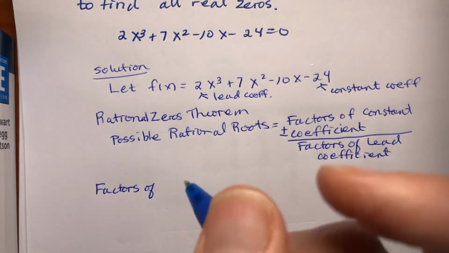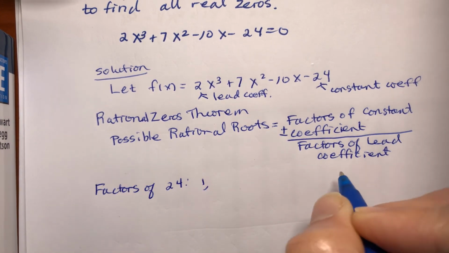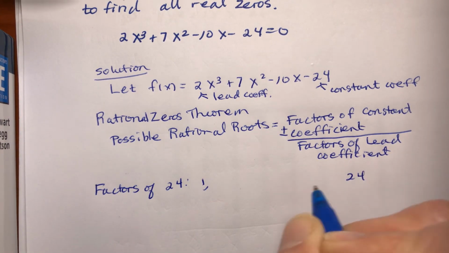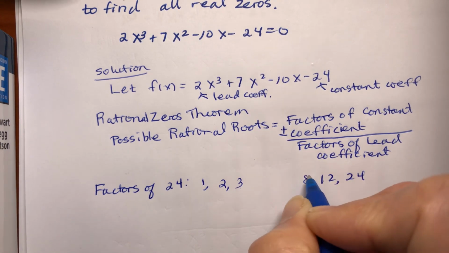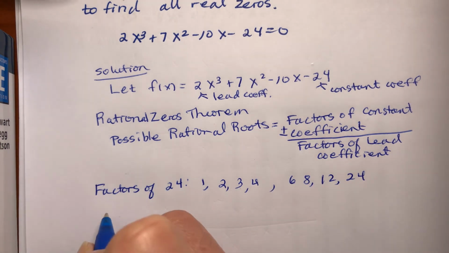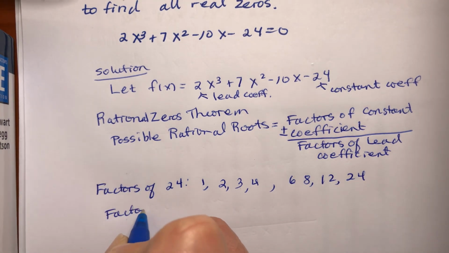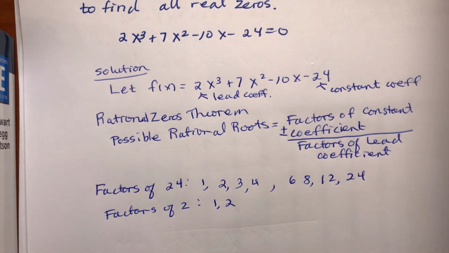But anyway, factors of 24. Well, you can just make a list. 1 times 24, 2 times 12, 3 times 8, 4 times 6, and I guess that's all. And then if you look at factors of 2, you're going to get 1 and 2.